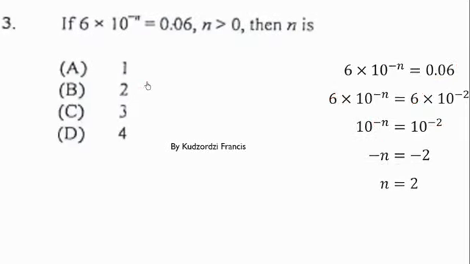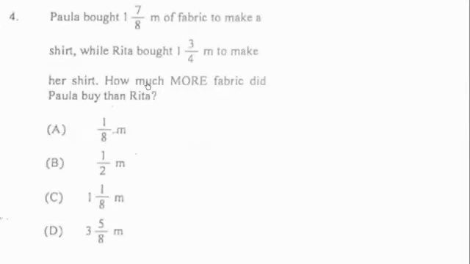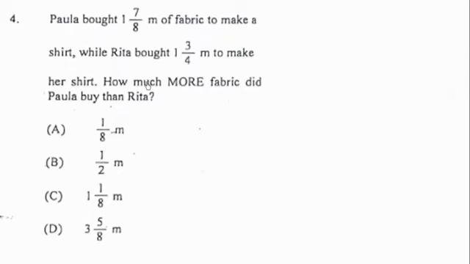We have this question. Paula bought 1 7/8 meters of fabric to make a shirt, while Rita bought 1 3/4 meters to make her shirt. How much more fabric did Paula buy than Rita?